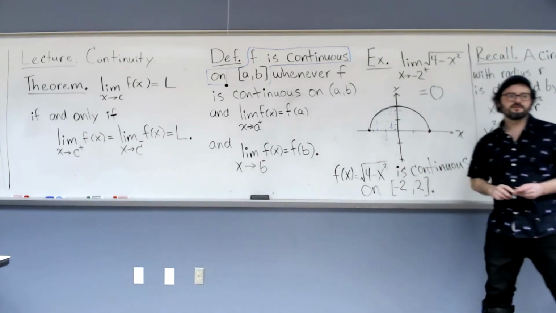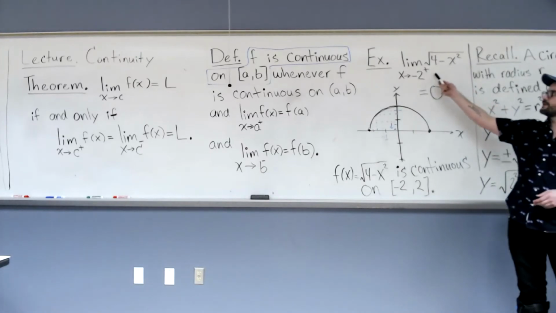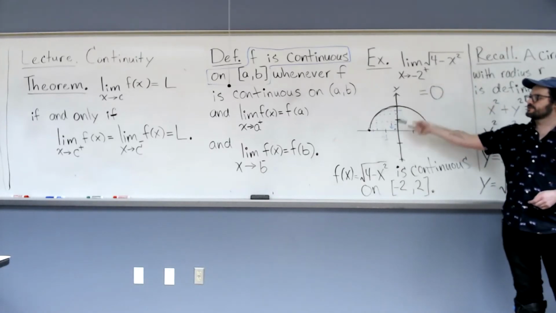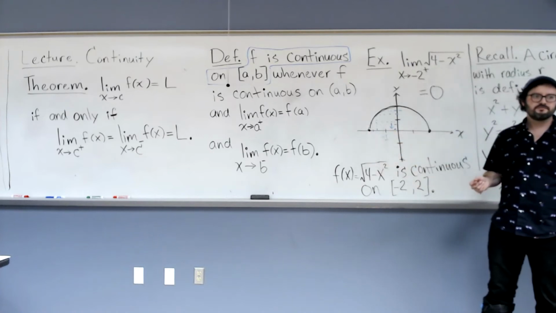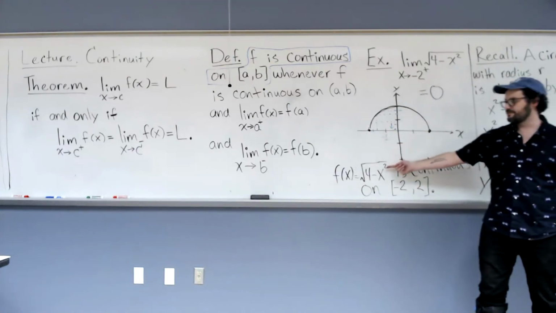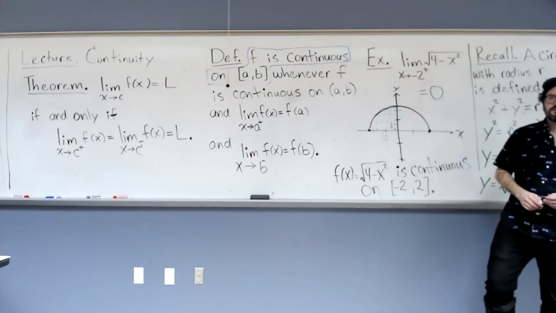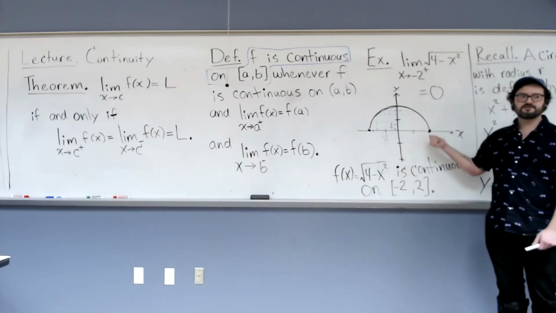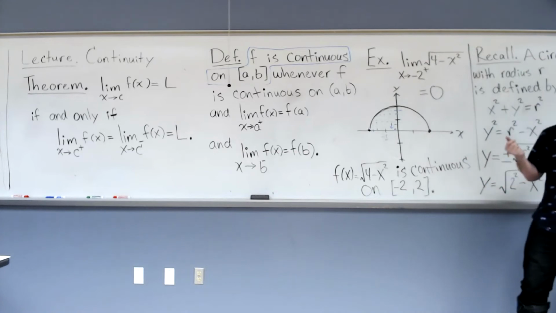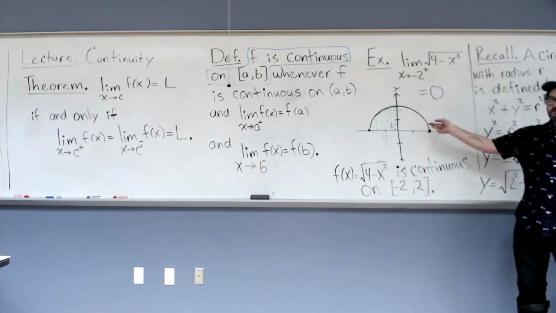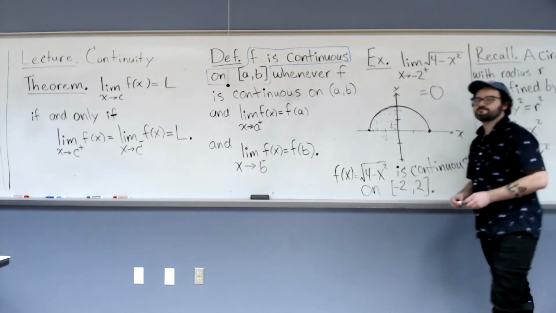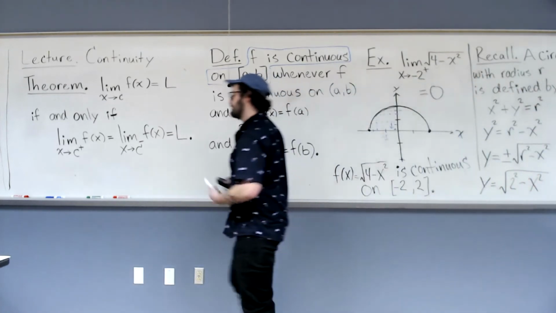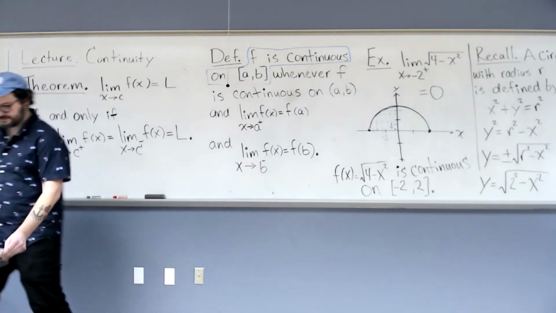Right? We already found the right-hand side limit as x approaches -2, which is like our A in that definition. It happens to equal evaluating this function at -2. The same thing that happened on this side for +2. And it's continuous everywhere else in there. It's continuous on the closed interval -2 to 2. That's actually a good example of what's up there.